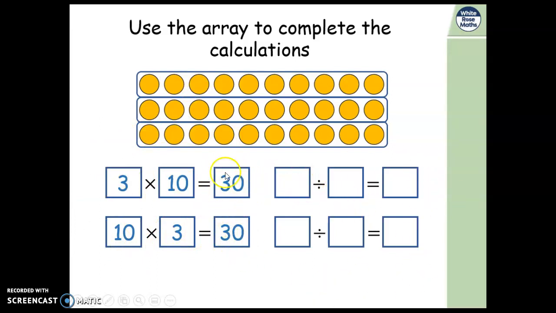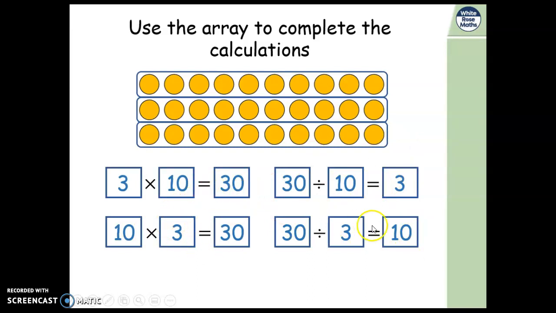The answer for multiplication is going to be our starting number for division, and then we can just put the 10 and the 3 in the other 2 boxes. So we can see just by looking at one array, we can make 2 multiplication and 2 division.